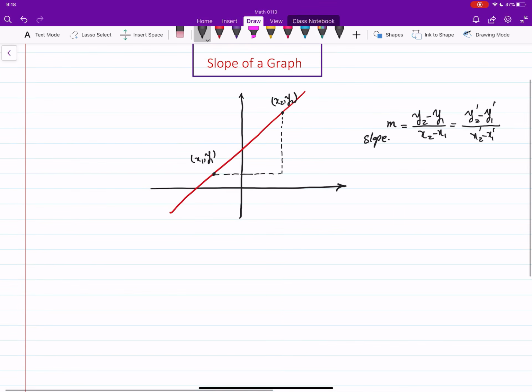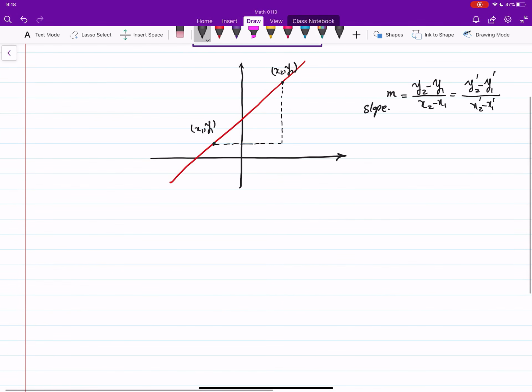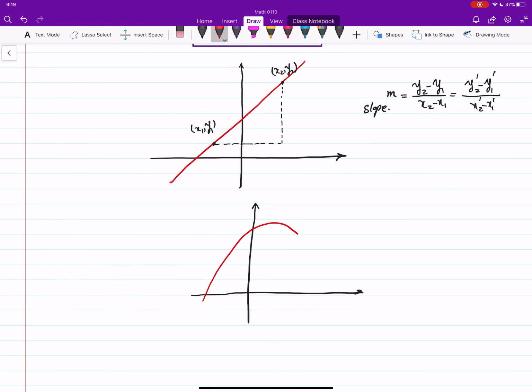Well, we want to now generalize this for the graph of functions. So I have a function's graph like this one. And someone wants to define what is, for example, the slope of this graph at, let's say, point c, f(c).